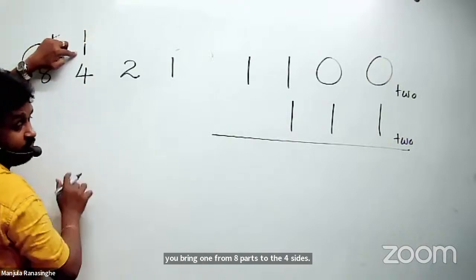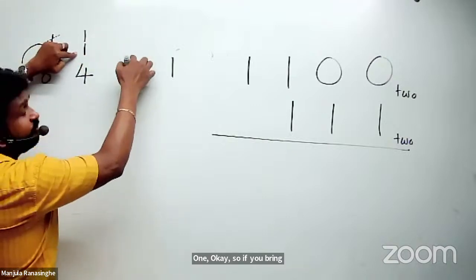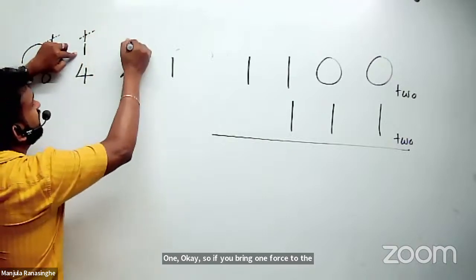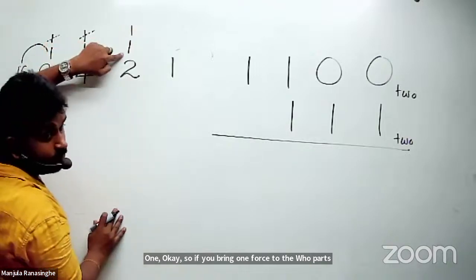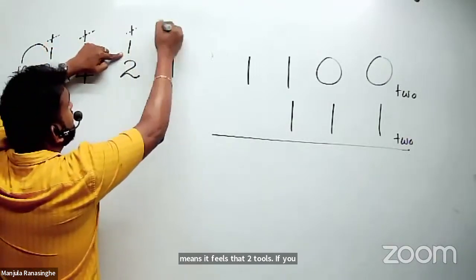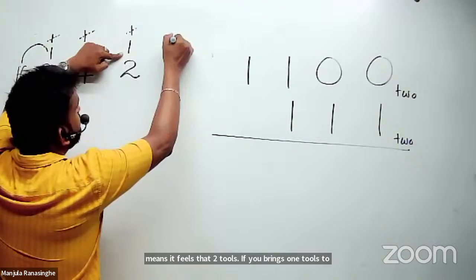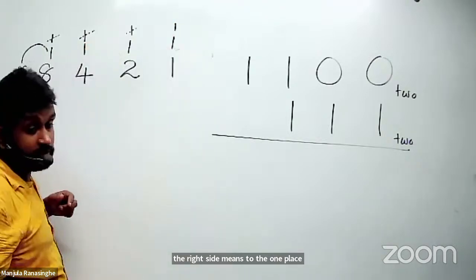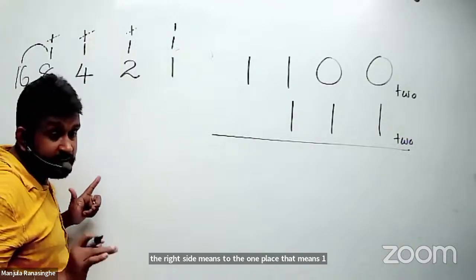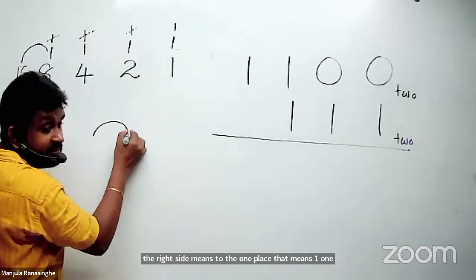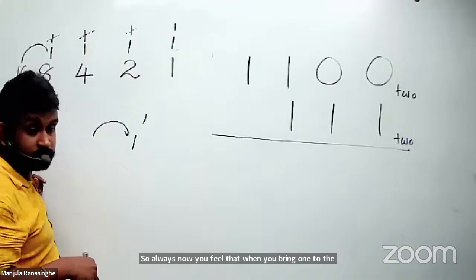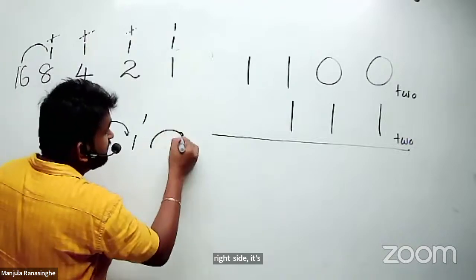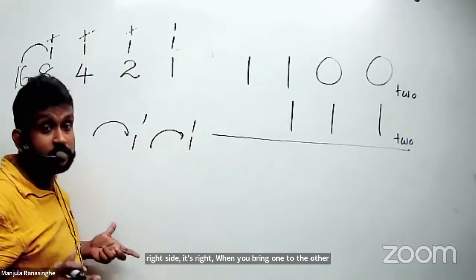If you bring 1 four to the 2 part, it feels like 2 twos. If you bring 1 two to the right side, to the one place, that means 1 twos. So always when you bring 1 to the right side, it's written as 2.